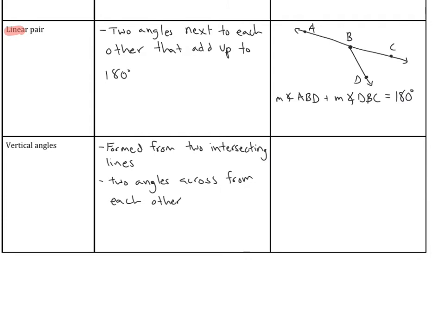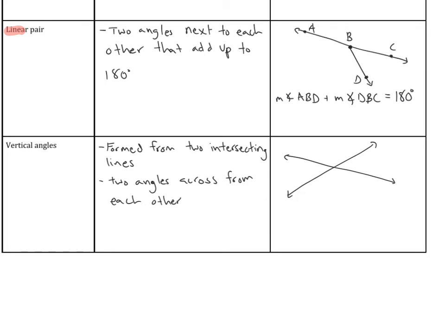All right, so let's take a look at what this actually looks like in a picture. So let me draw two intersecting lines. And then now what I can do is choose two angles that are across from each other. Let's name all four of these angles.